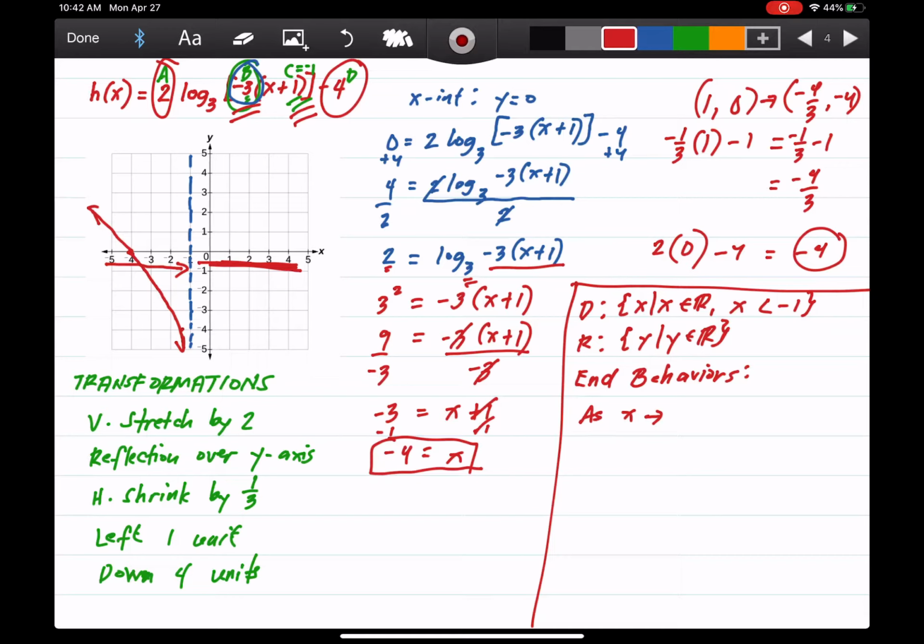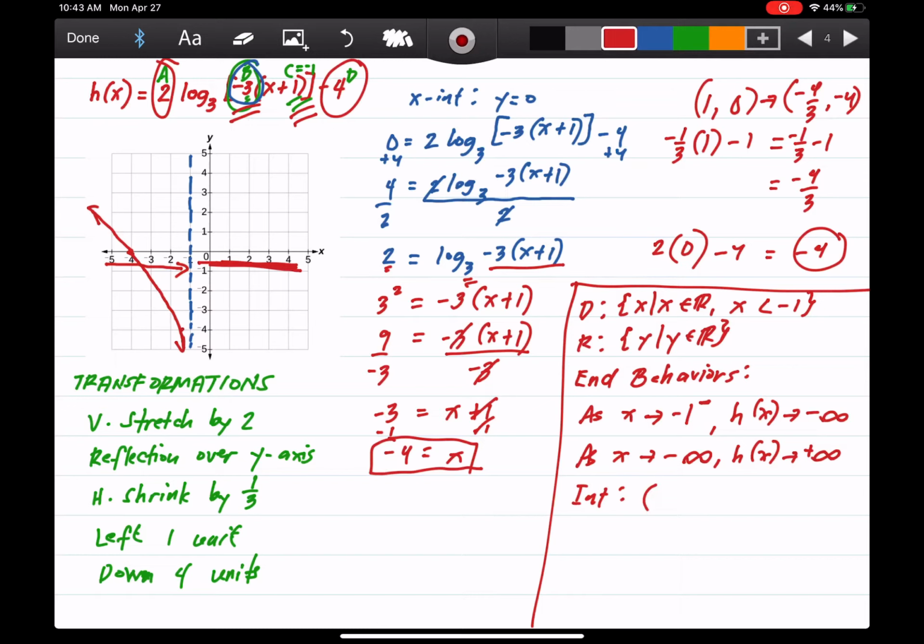As x approaches negative 1 from the left, what's the behavior of the graph? h of x is approaching negative infinity. Okay, and then one more. As x approaches negative infinity, as it goes to the left, as you can see, it's increasing, right? So h of x is approaching positive infinity.